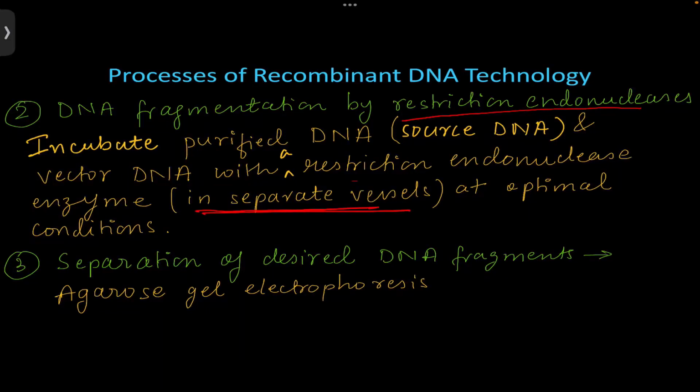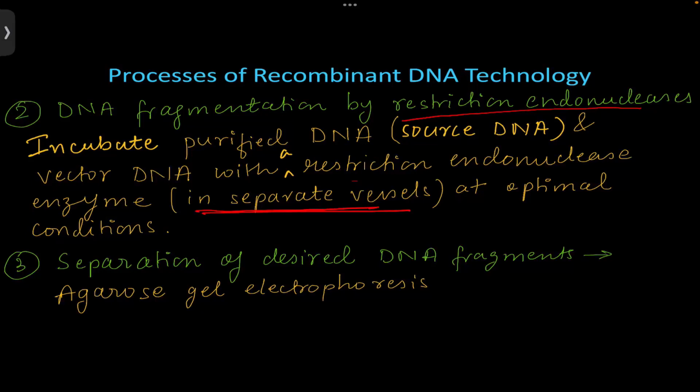In another vial, there is plasmid DNA plus EcoR1. And the conditions in which these vials are kept should be optimal so that the restriction enzyme can work at its highest activity. Once it is doing its activity, it will make DNA fragments.